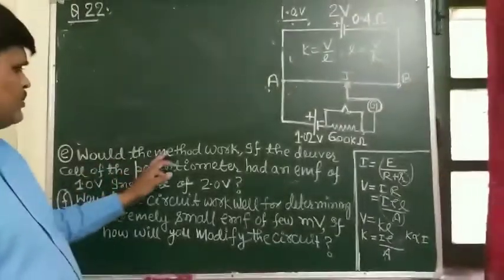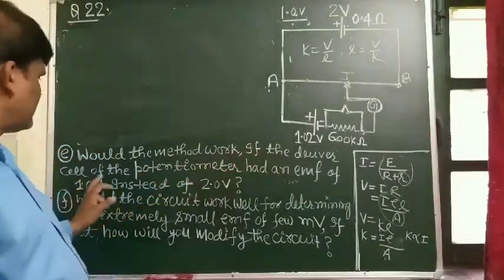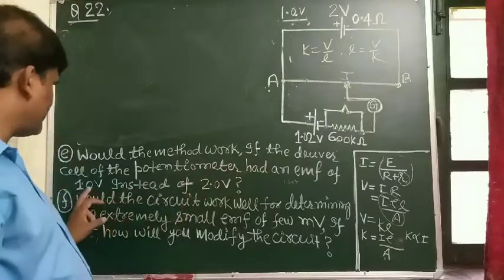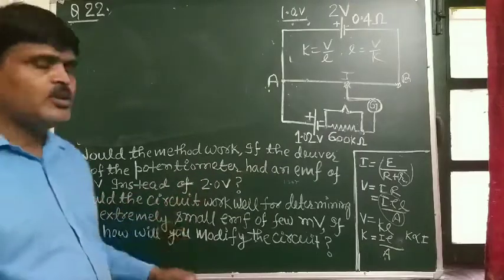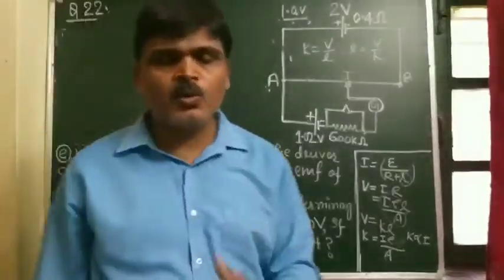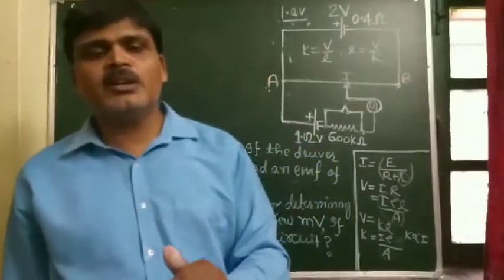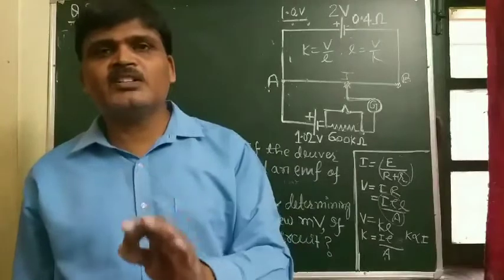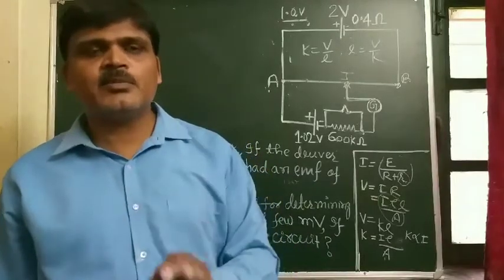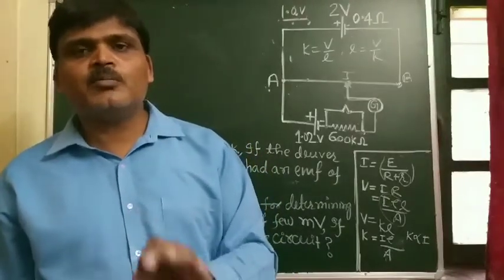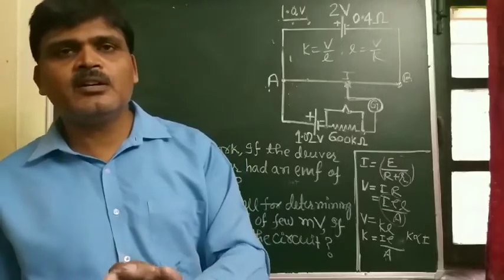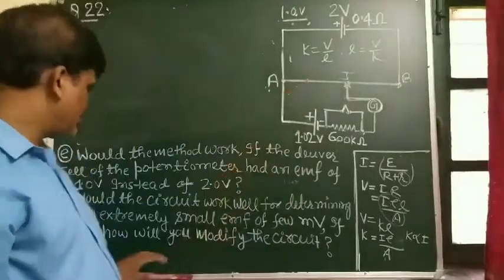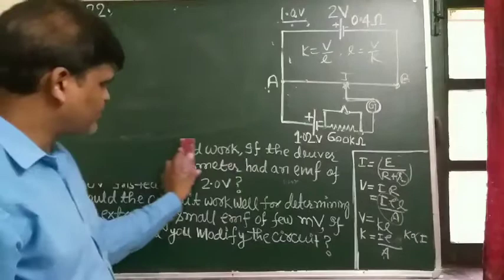So would the method work if the driver cell had an EMF of 1 volt instead of 2 volt? The answer is no, the method will not work, because the driver cell voltage is less than the EMF of the cell to be measured, so the null point will not be obtained on the potentiometer wire.